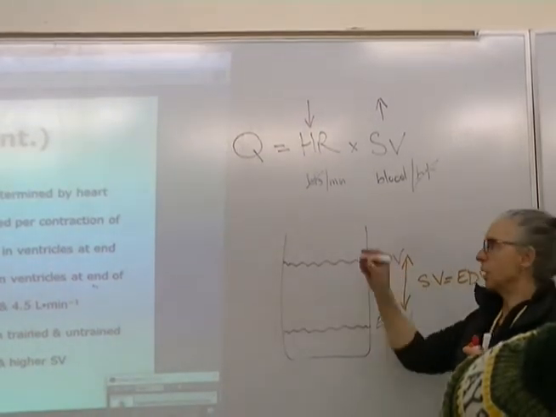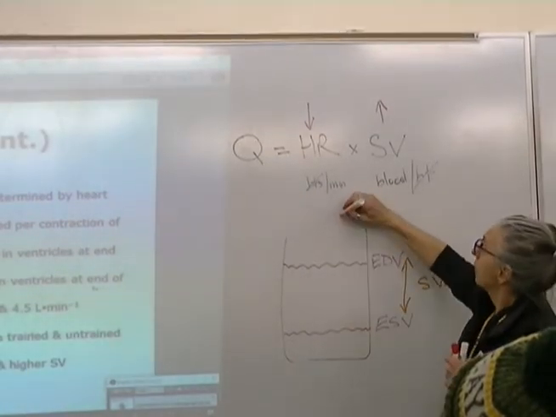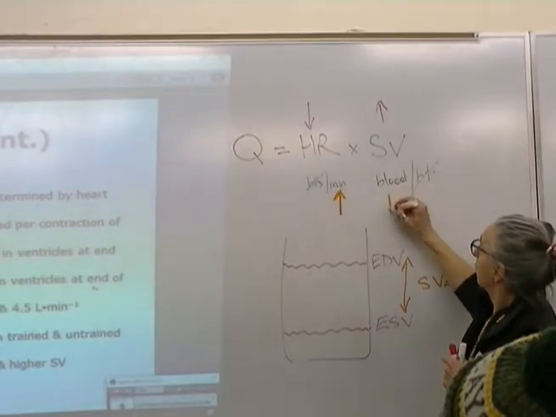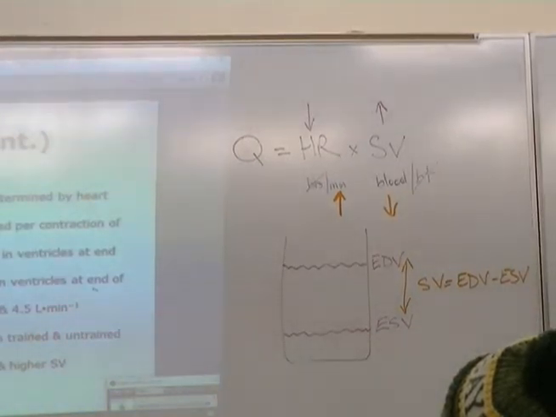But in the untrained person, we achieve that Q, that 5 liters, with a higher heart rate and a smaller stroke volume.